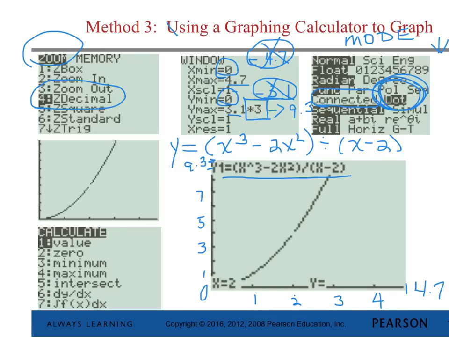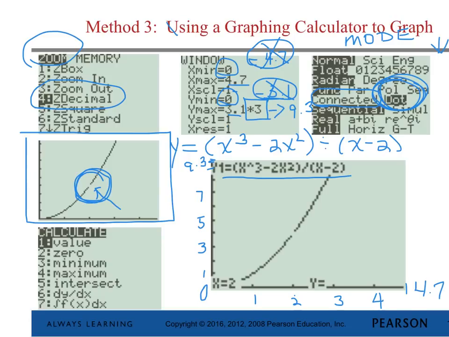So when you hit graph, this is what you're going to see. And what you should notice is right here, there's what appears to be a hole in that function.